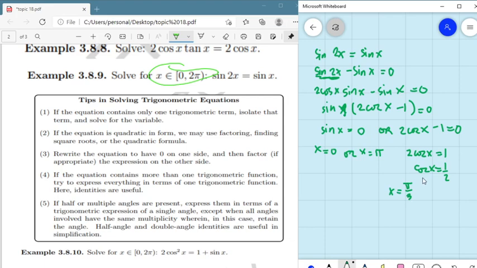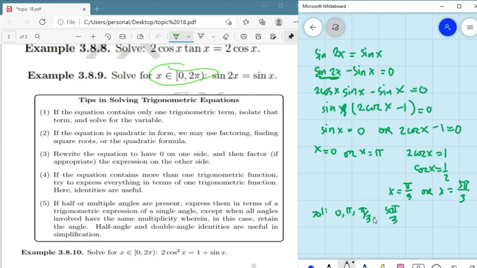And the other one is 5 pi over 3. Okay, so therefore the solution would be 0, pi, pi over 3 and 5 pi over 3.